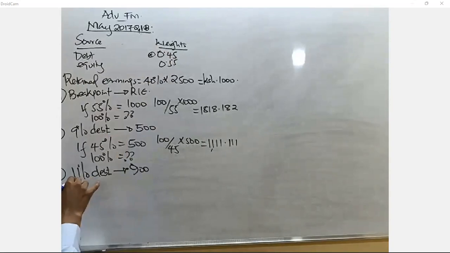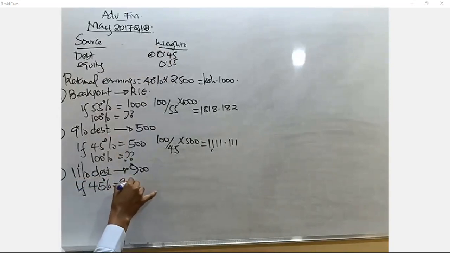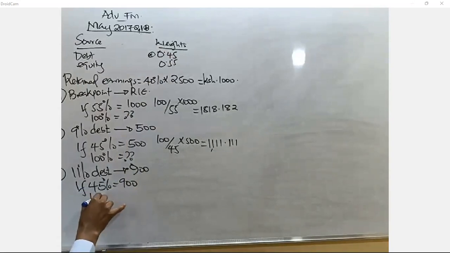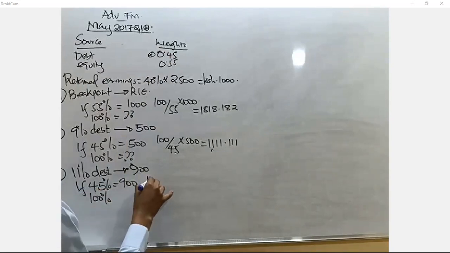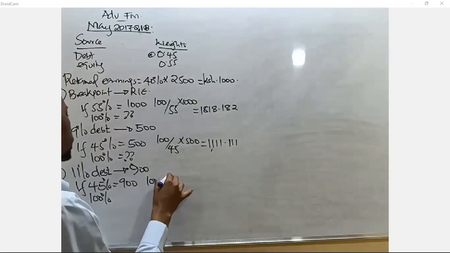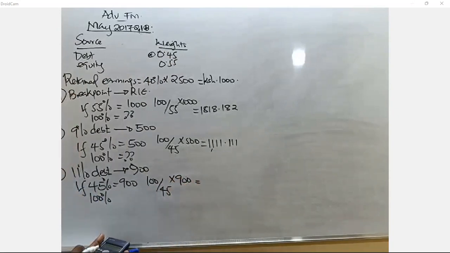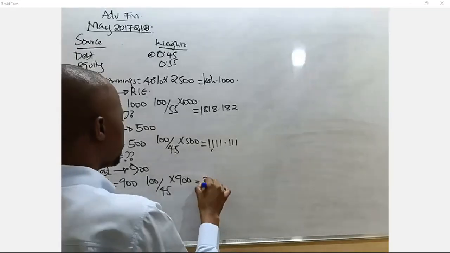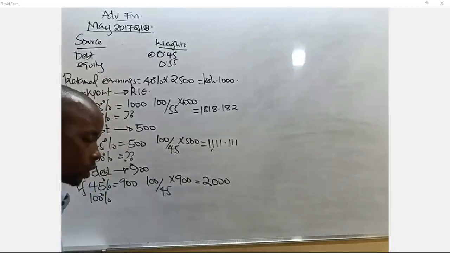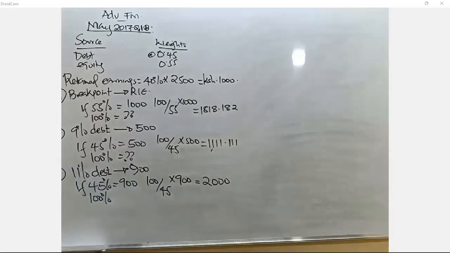If 45% is giving me 900, what about 100%? So it will be 100 divided by 45 times 900. We are getting 2 million. In our case, it is 2,000 there. That is how you normally calculate the breakpoint.